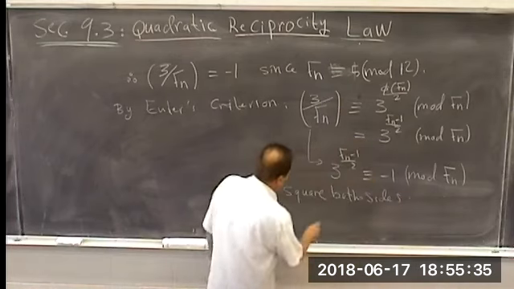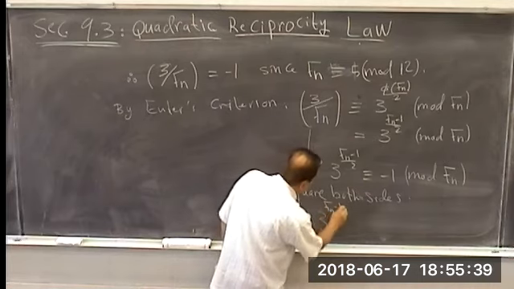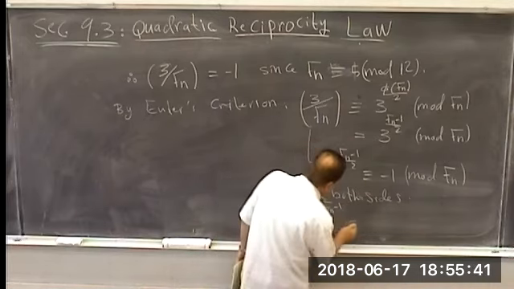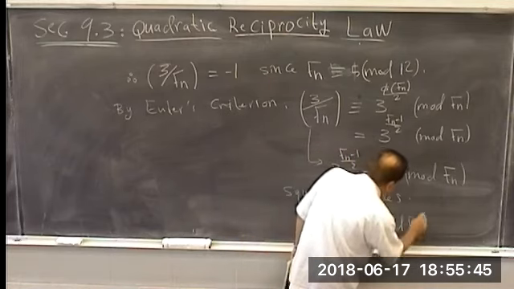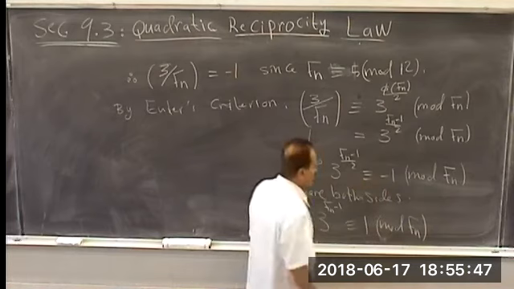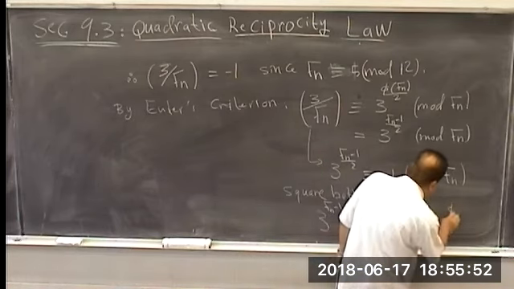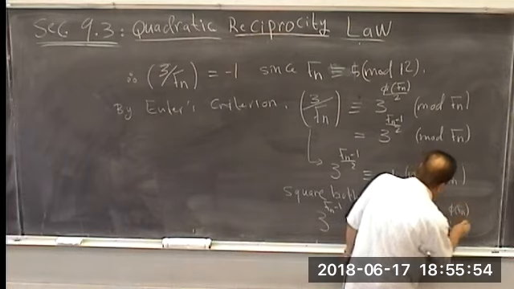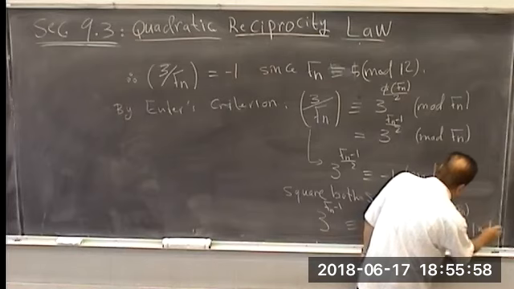And this gives us that this is congruent to 1 mod Fn. Or equivalently, this means that 3 to the phi of Fn is congruent to 1 mod Fn.